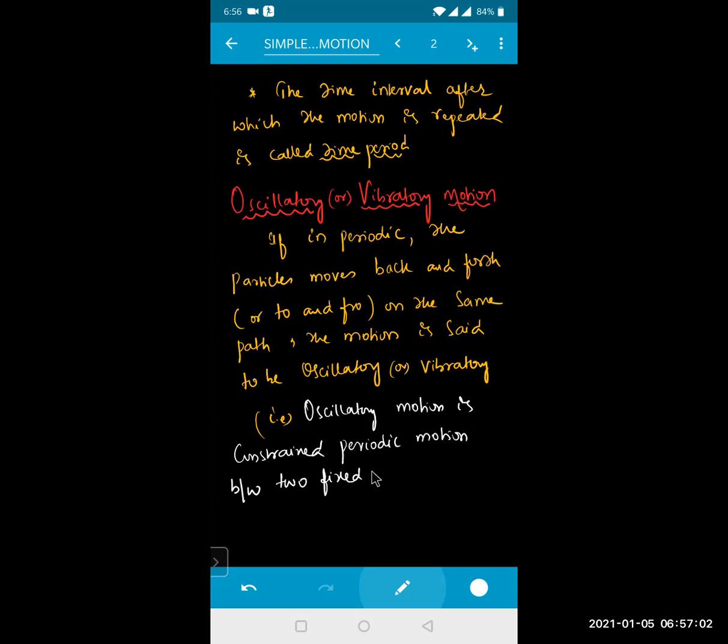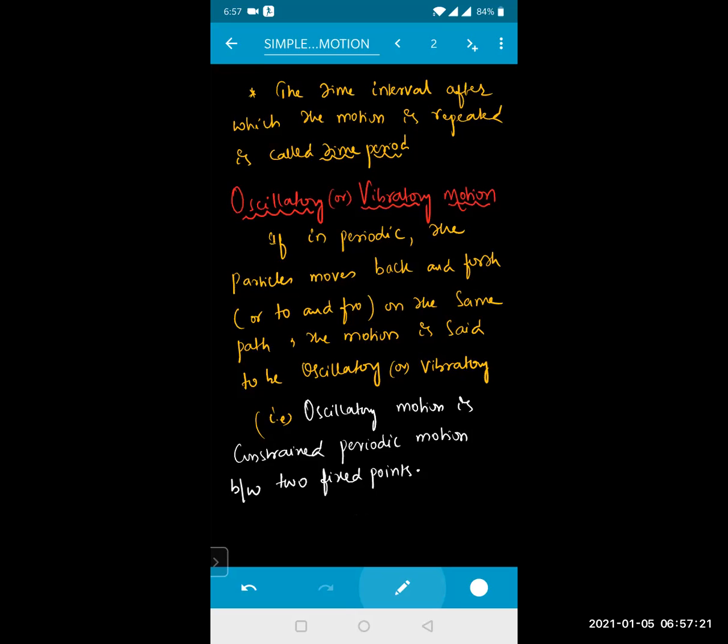Constraint means it has to make the motion like that only. There is no other alternative. Constraint means restricted mode; in that mode only you need to move. So oscillatory motion is a constrained periodic motion between two fixed points.